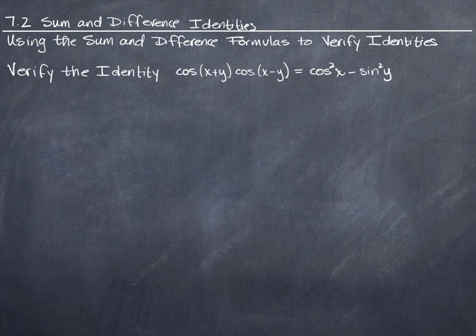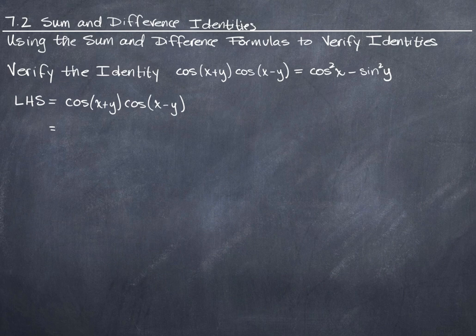Let's rewrite. First of all, we're going to write left-hand side equals, and then we're going to copy out cosine of x plus y times the cosine of x minus y, because that's how we start proofs. That's how we always start proofs. And then that line is going to be equal to whatever the formula was for the cosine of x plus y times whatever the formula was for the cosine of x minus y.